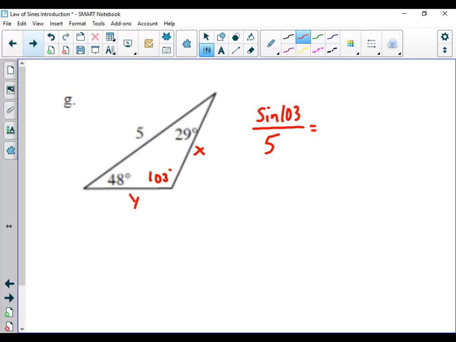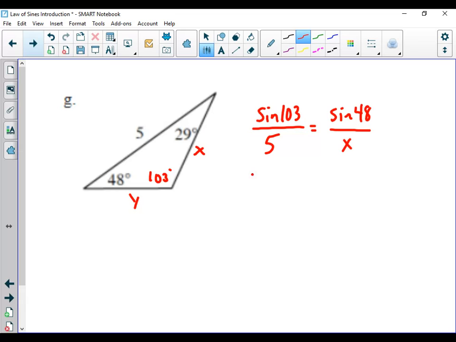What angle should I be using if I'm going to find x on that one? Yeah, the one across from it. So I'm going to say the sine of 48 over x. And so now I'll do my cross multiplying and figure out what x is.